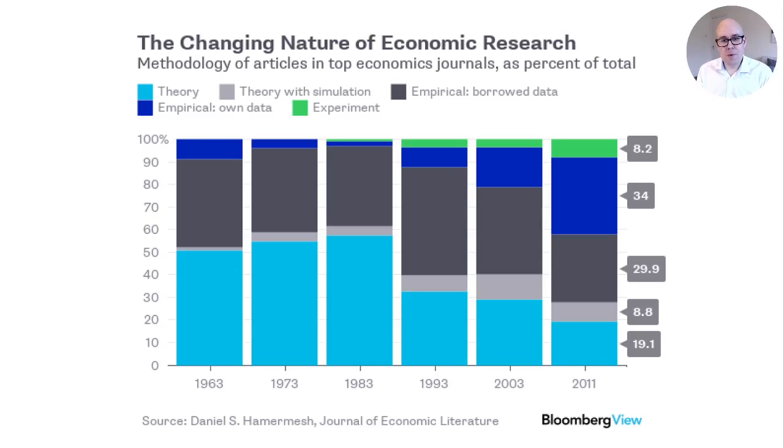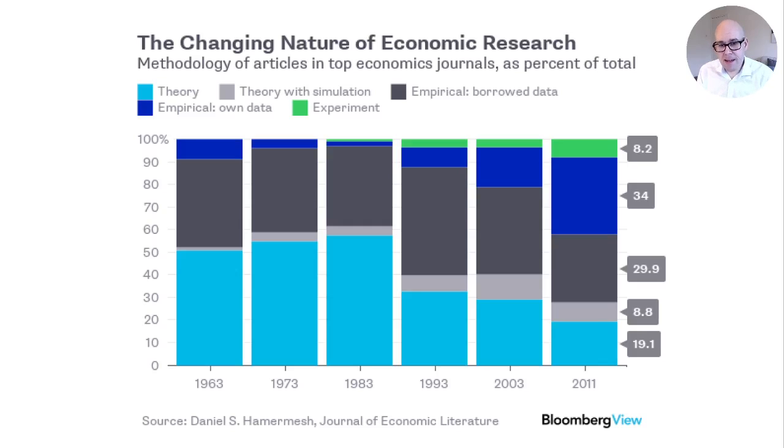So more and more people have gotten access to great data sets or collected data themselves and have used them for economic research. And then there's a little green thing also increasing actually since the 80s, 90s, and that is experiments.